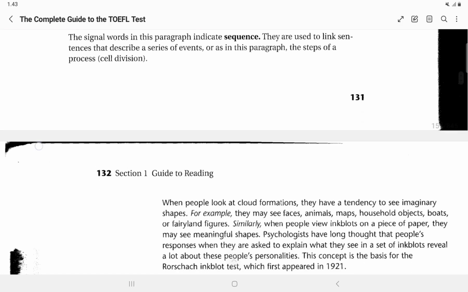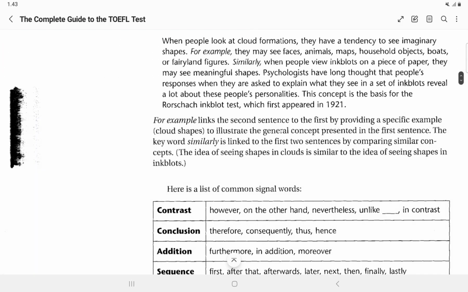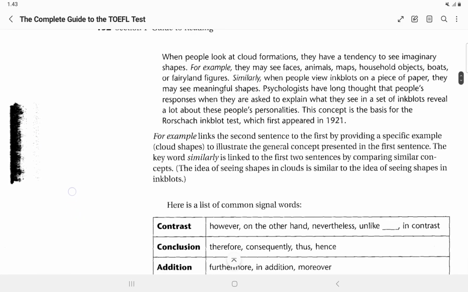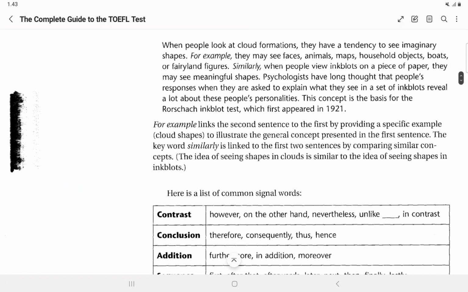Okay, next. When people look at cloud formations, they have a tendency to see imaginary shapes. For example, they may see faces, animals, maps, household objects, boats, and fairyland figures. Similarly, when people view ink blots on a piece of paper, they may see meaningful shapes.